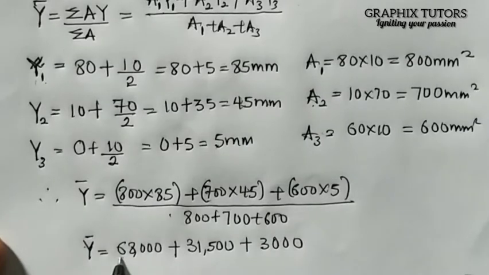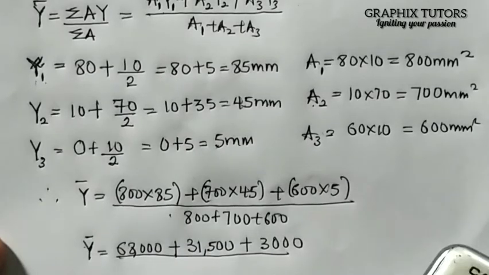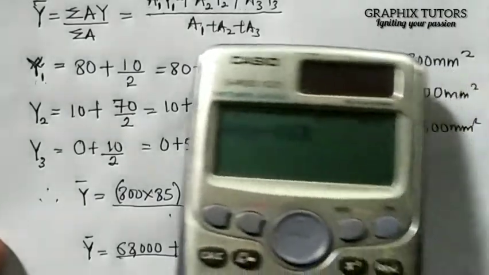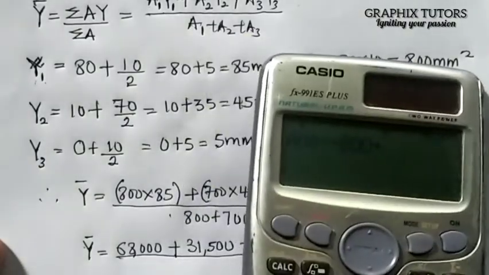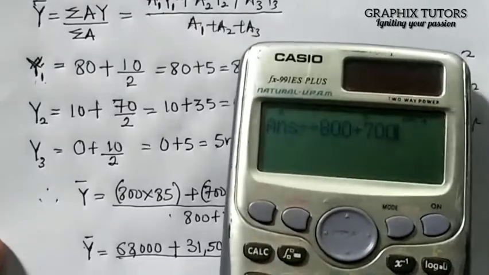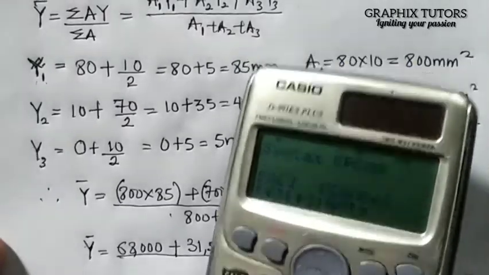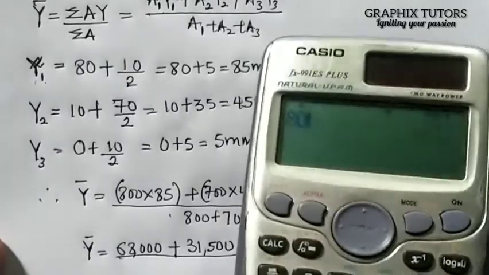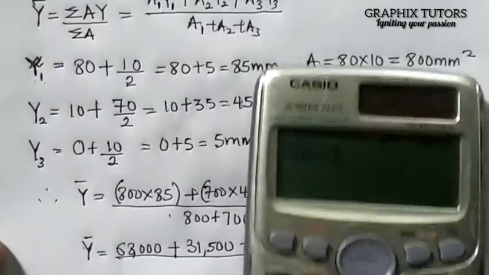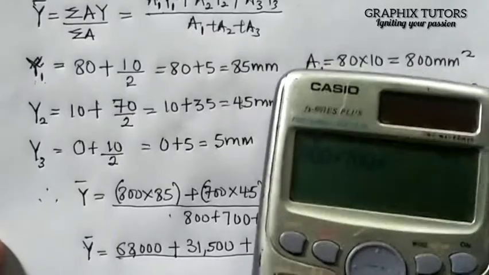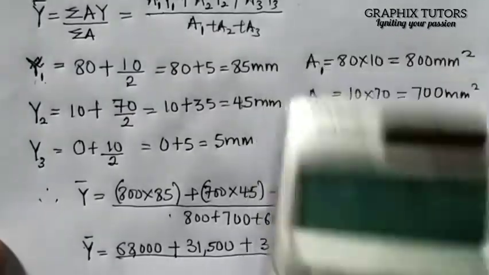So everything divided by what? 800 plus 700 plus 600, and that is 2,100.